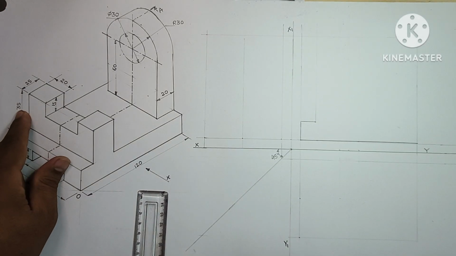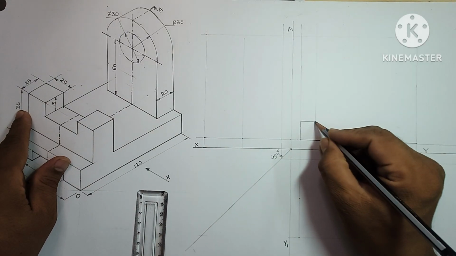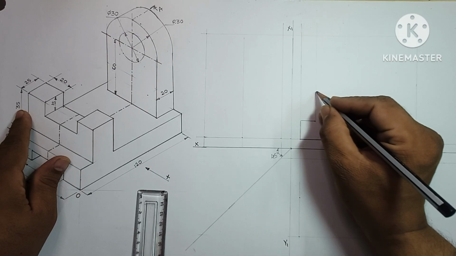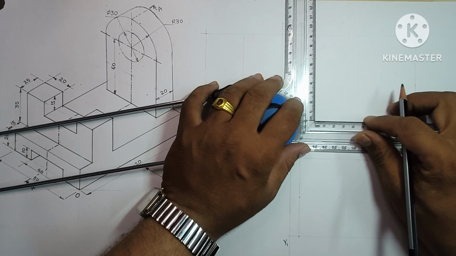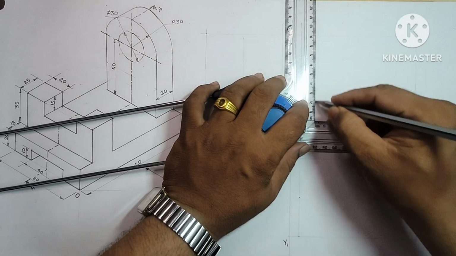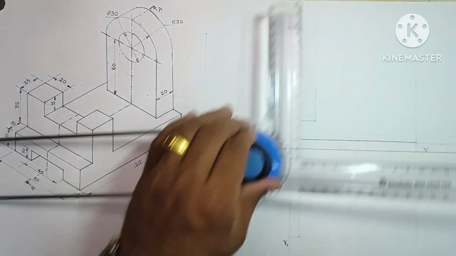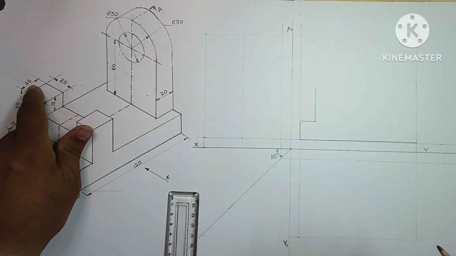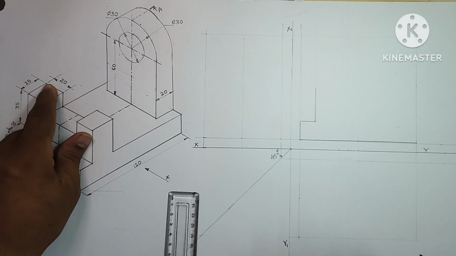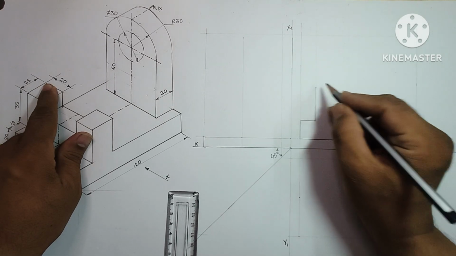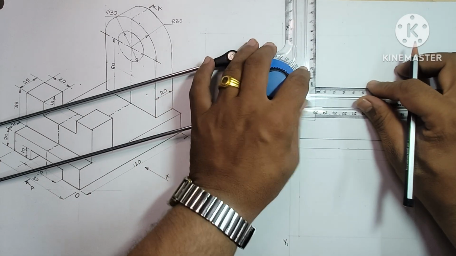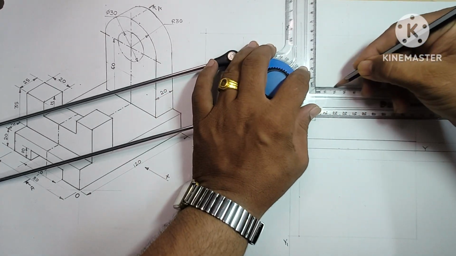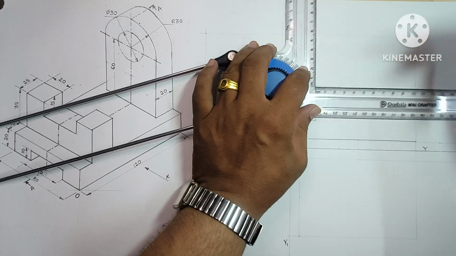This distance is 35 millimeter, means from this point 35 millimeter in the upward direction. Then this is 25 millimeter. From this point towards the right side I will take a 25 millimeter distance.